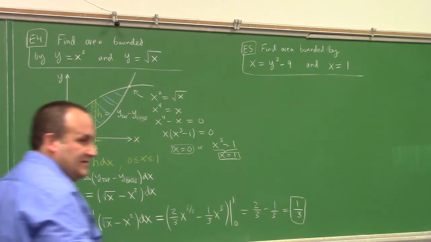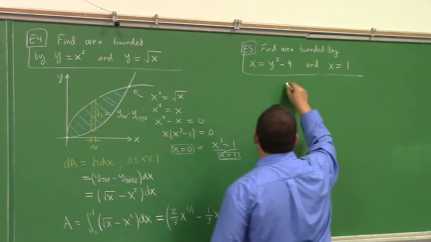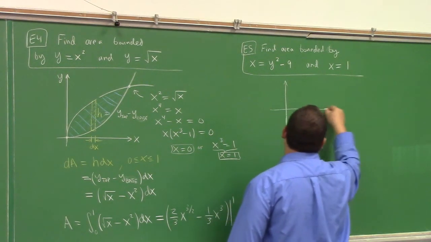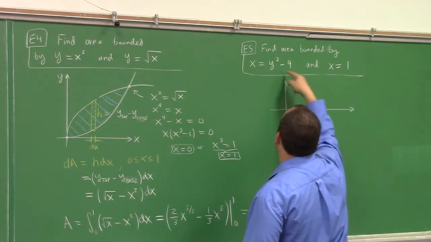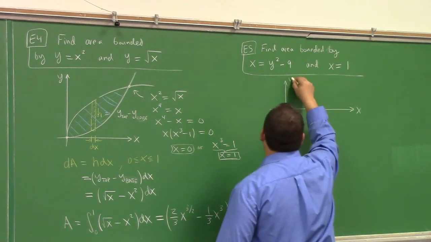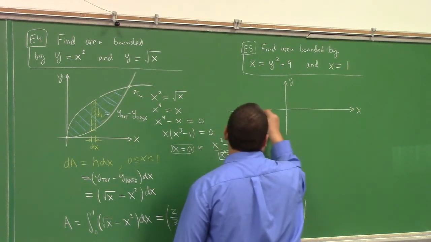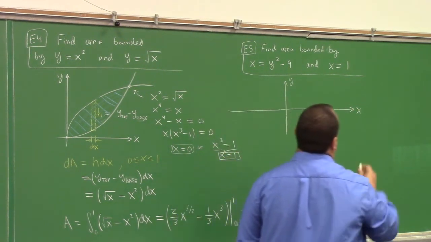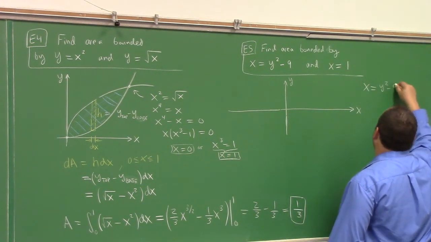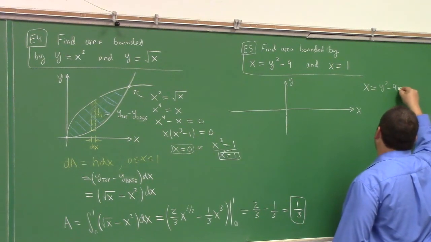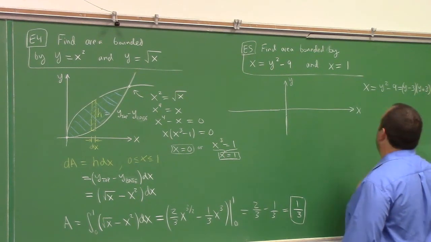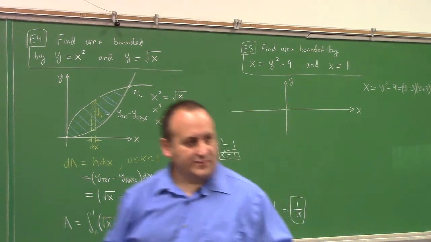So x equals 1, well, that's easy enough. I won't worry about that. What does x equals y squared minus 9 look like? I can tell you some things. X is y squared minus 9. So that's y minus 3 times y plus 3 for what it's worth. So when x equals 0, y is what?